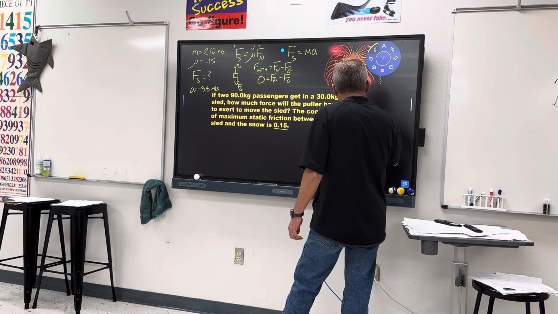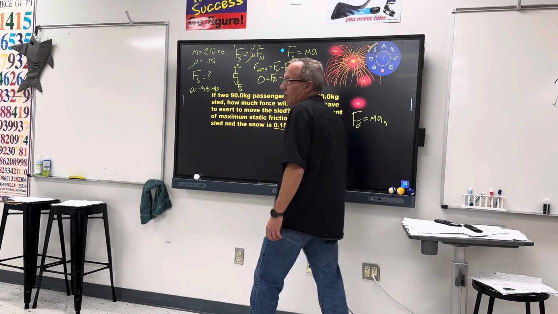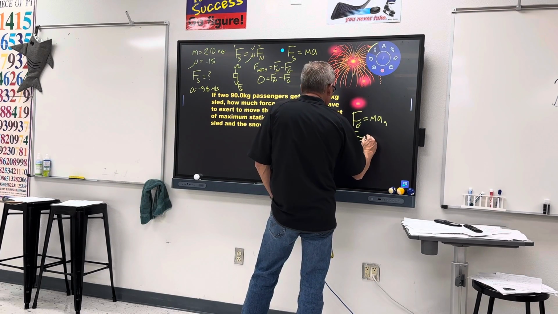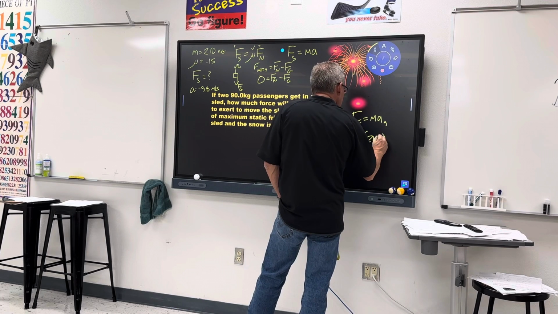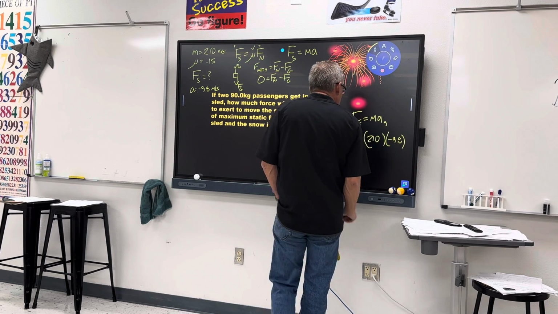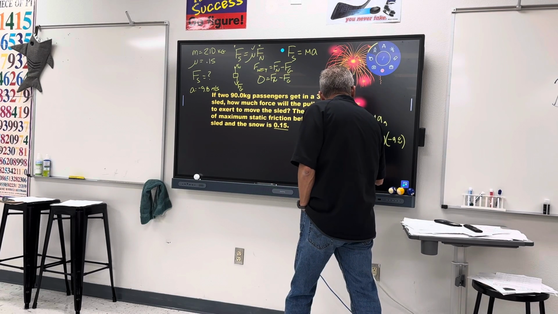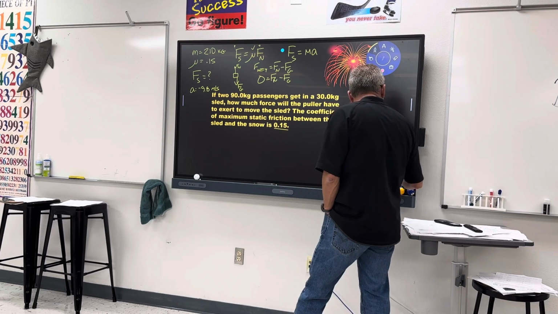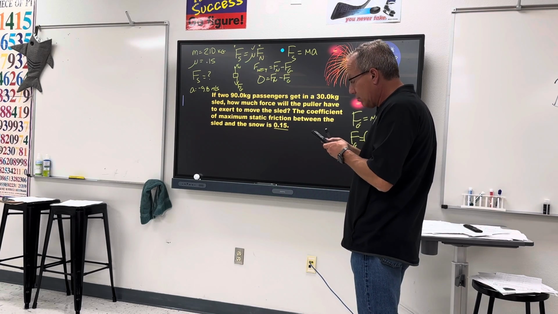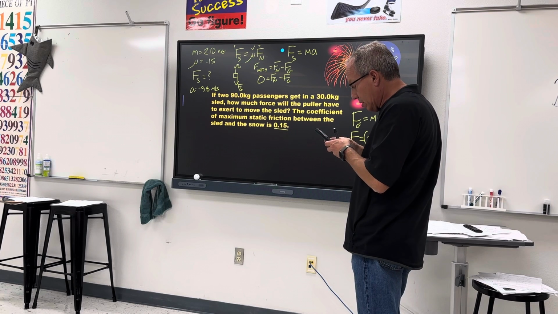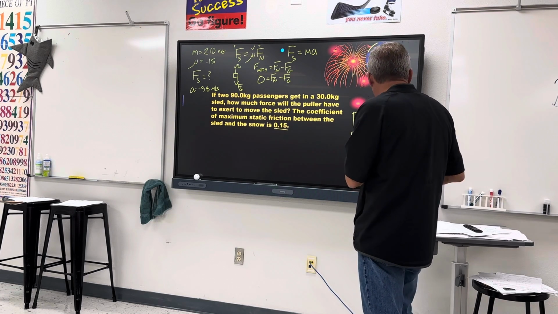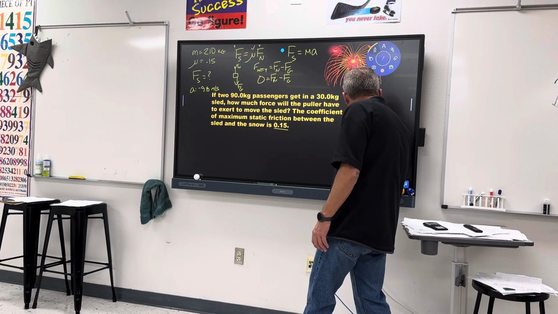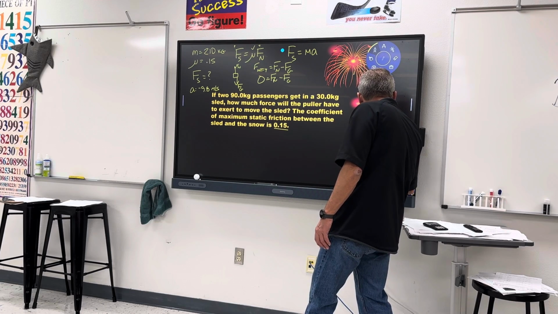Second law, force of gravity equals mass times the acceleration of gravity. 210 times negative 9.8 equals negative 2,058 newtons. Let me double check that 9.8 times 210 is 2058. So my normal force is going to be positive 2,058 newtons.